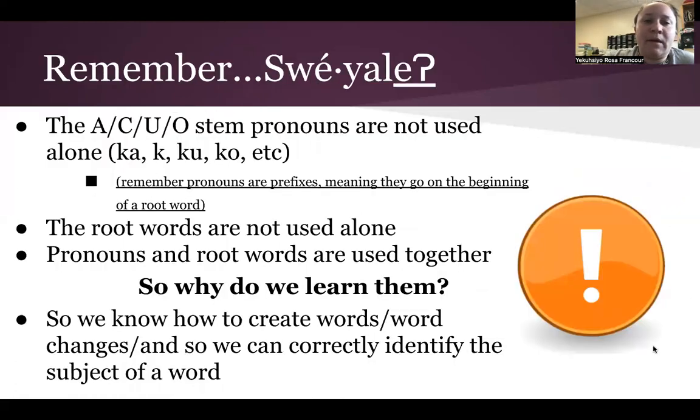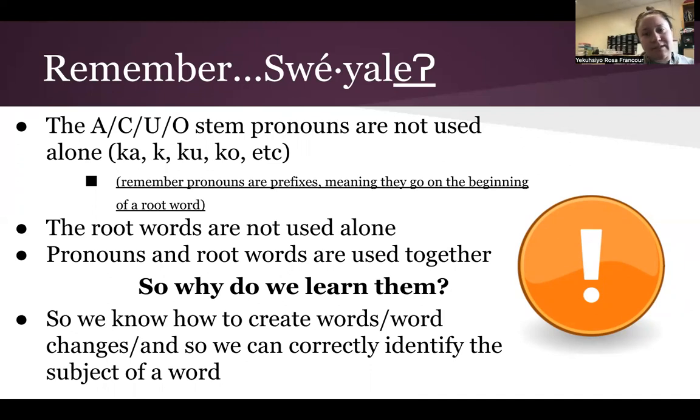So remember, swale means you all remember. The A, C, O, N, U stem pronouns are not used alone. So we learn those pronouns, but they're never used alone. These roots, azlun, it's not used alone. They come together, and that's how our words and our language exist. So remember, pronouns are prefixes. It means that they go on the beginning of a root word. The root words are not used alone.